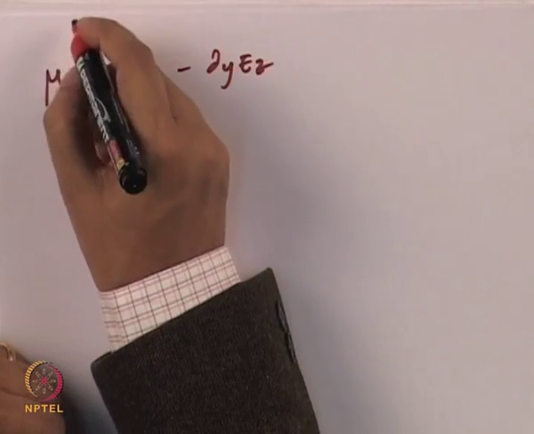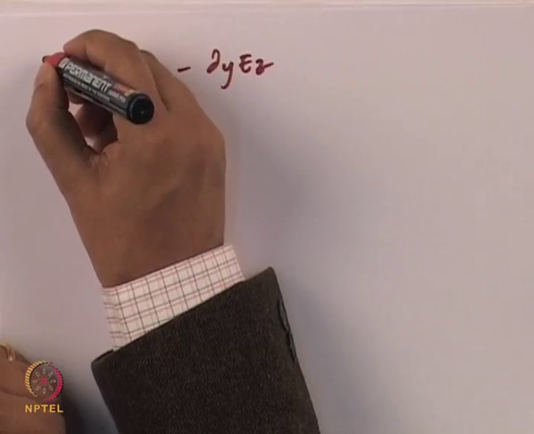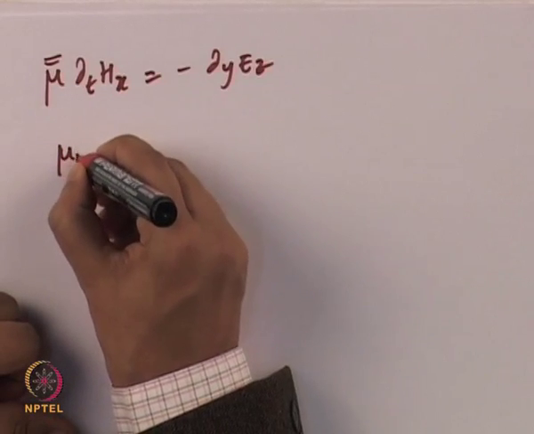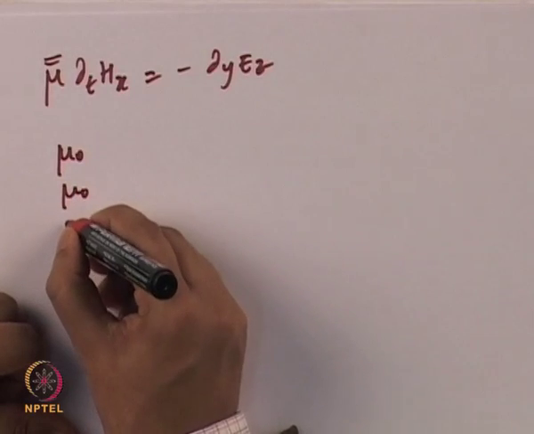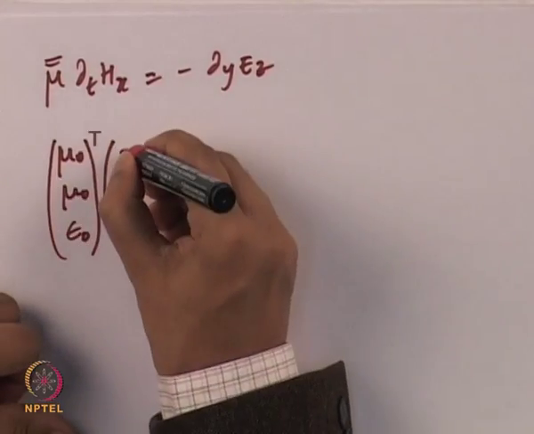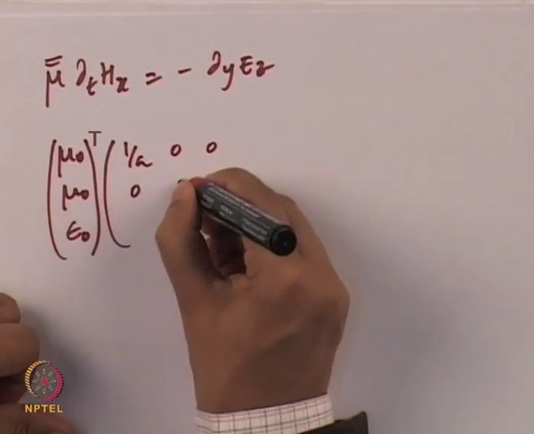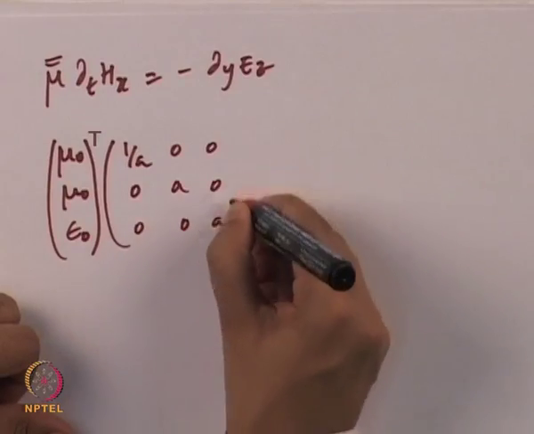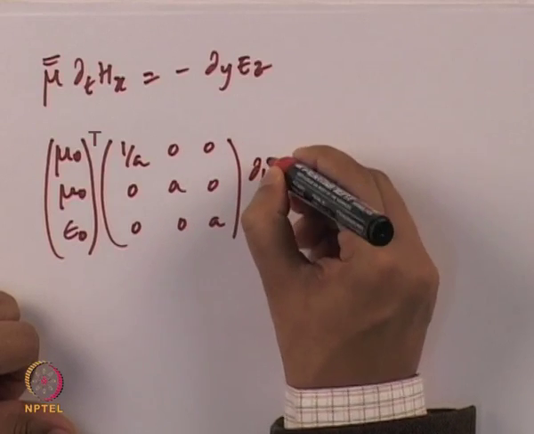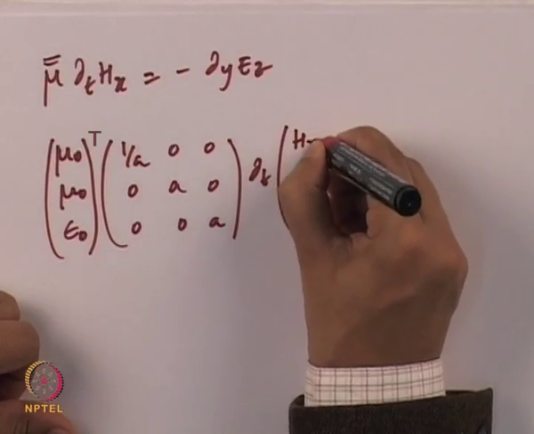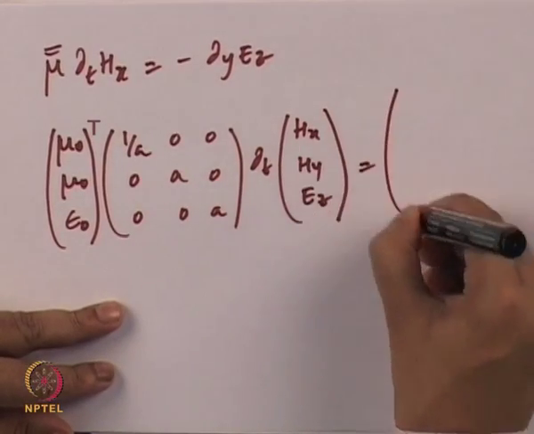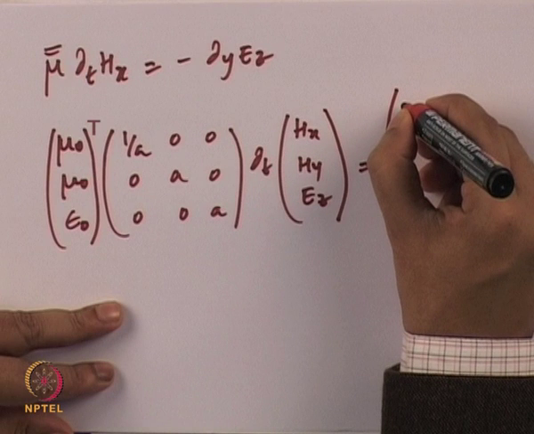As I said, mu is now going to be a complex number, so I am going to multiply mu naught epsilon naught into 1/a, 0, 0, 0, a, 0, 0, 0, a into dt multiplied by the terms Hx, Hy, Ez equal to the terms of the right hand side what we have got from this equation.